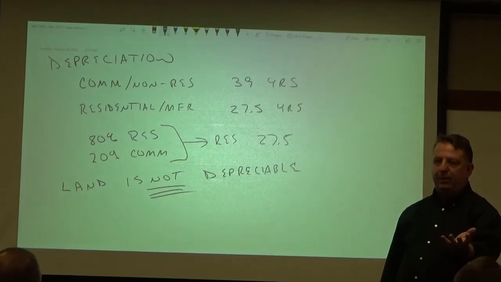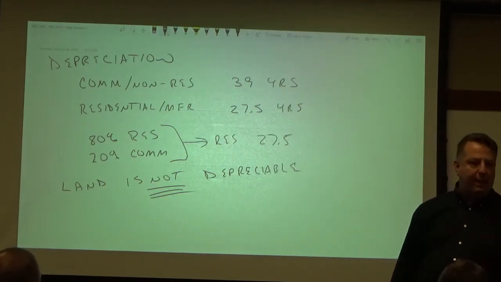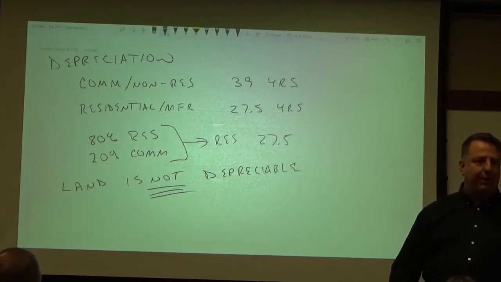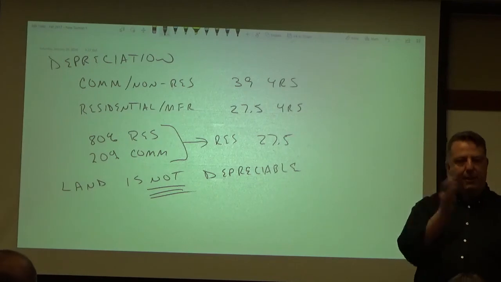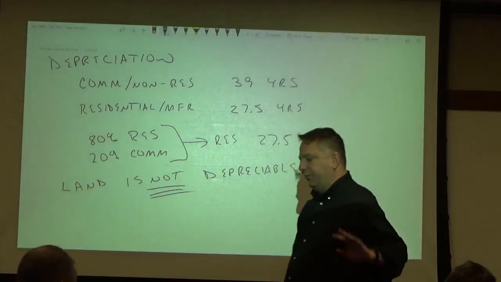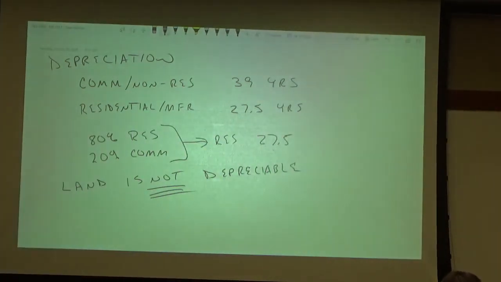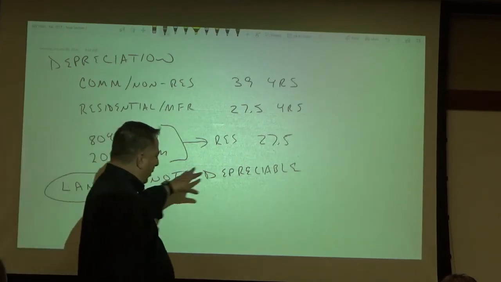You're probably not going to build on top of that land, and you can probably make the argument that land has depreciated in value. Cemeteries would probably be another one. Once you've used it for a cemetery, you're probably not going to build on top of it, okay? With poltergeist things. Okay.